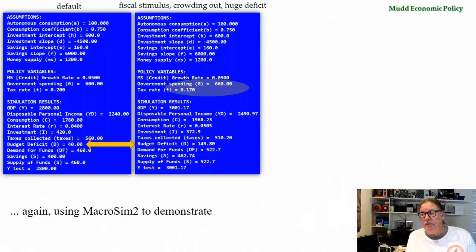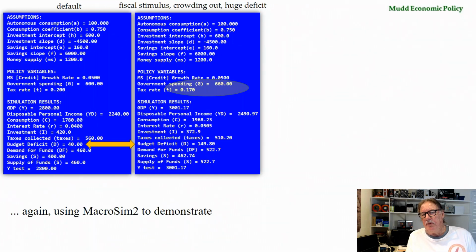The budget deficit, more importantly, soars way up with this increase in government spending and the tax cut. In this example, the budget deficit goes from 40 to 149. So remember, we called that crowding out. It results in a huge budget deficit, and we need to mitigate that to some extent.